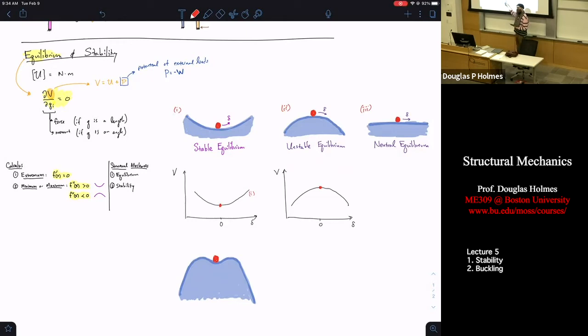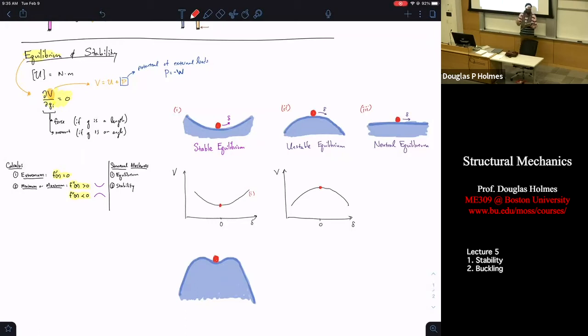So this is a minimum, but it's not a global minimum. You'll hear this term a lot in all aspects. This is what makes protein folding really challenging for computers. This is what makes almost any computational simulation of structures that could become unstable hard, because it's very easy to find a minimum.